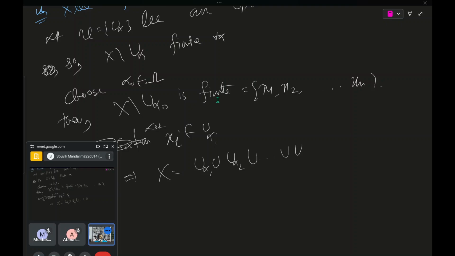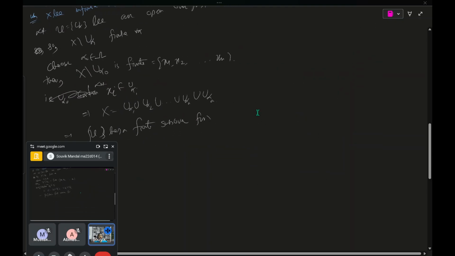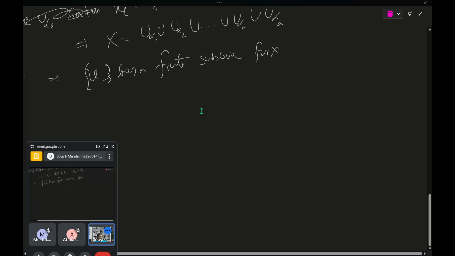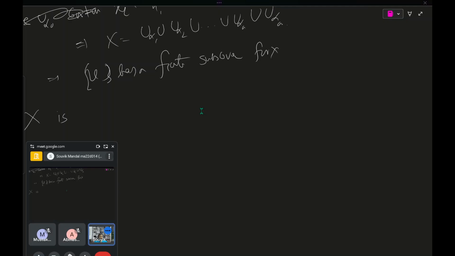So this tells us that this open cover U has a finite subcover for X. So this implies X is compact.